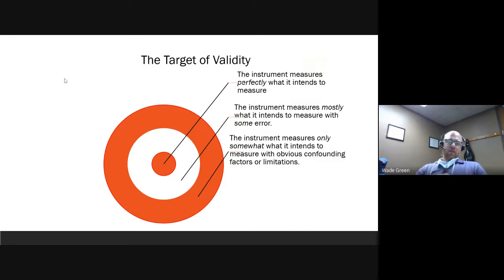However, sometimes with instruments, particularly those that are often used, they do a decent job of measuring what they're supposed to measure with some error and maybe limited applicability to the external environment. So obviously, that instrument would measure maybe mostly what it's supposed to measure, but not to the extent that it should in a perfectly controlled environment. And an instrument that is less valid only somewhat measures what it's supposed to. So validity itself is obviously a range and not an exact definition.